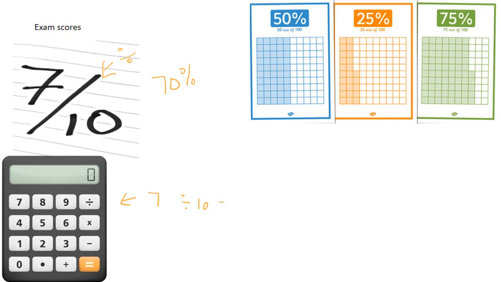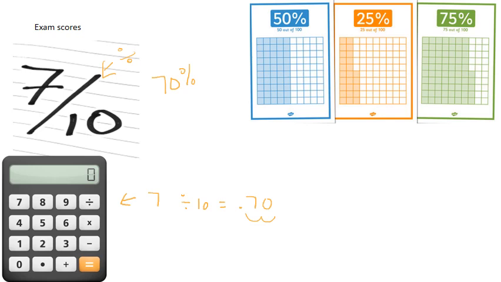So 7 divided by 10 would give you 0.7, and then you'd say, oh, the first 2 digits are the percent, so I'd fill that in with a 0. I got 70%. So you should be able to eyeball your percentage if it's out of 10.